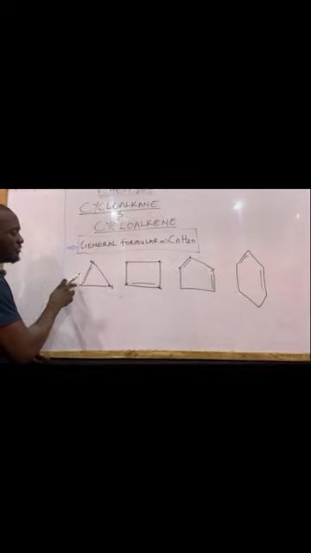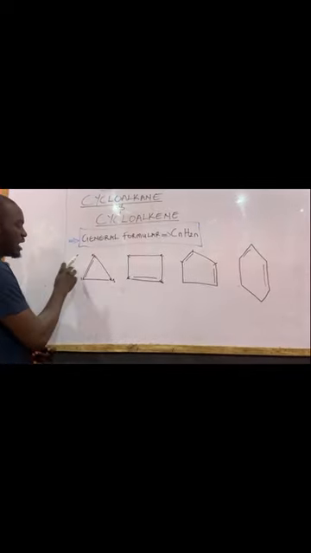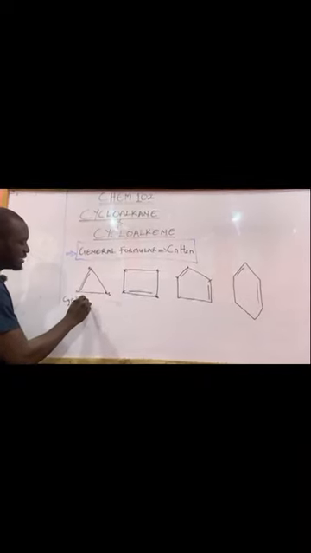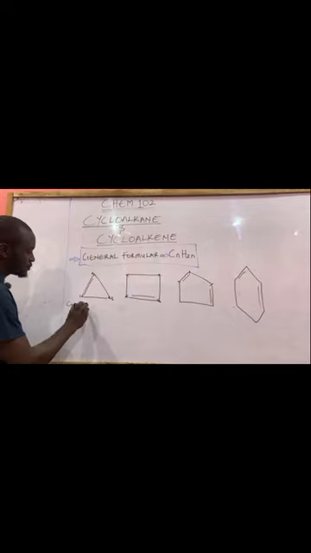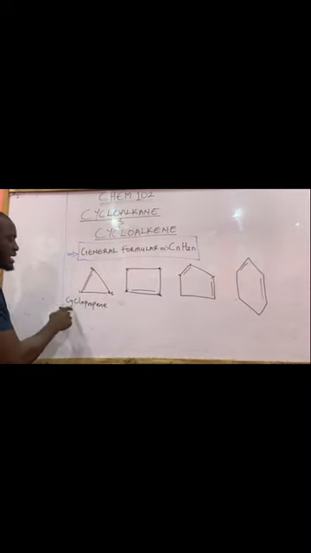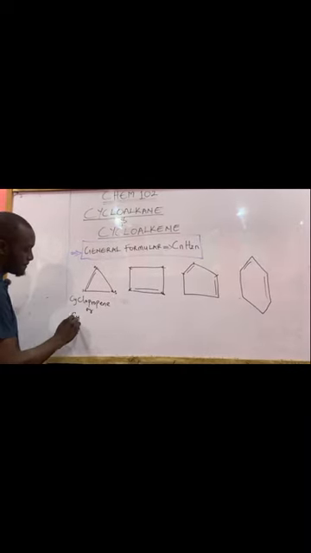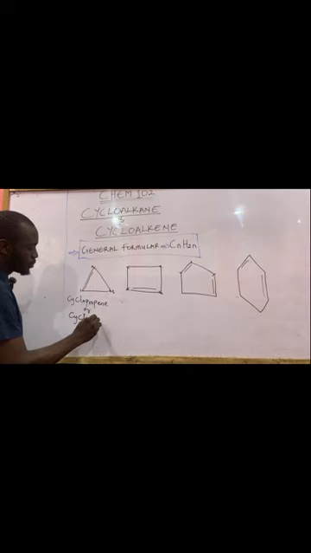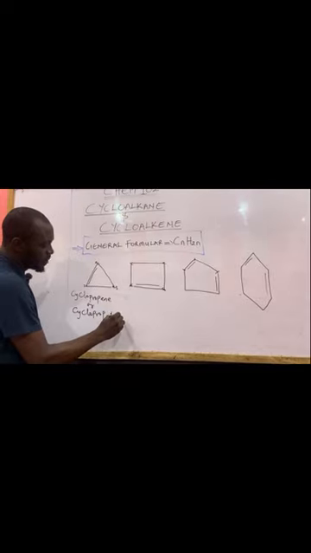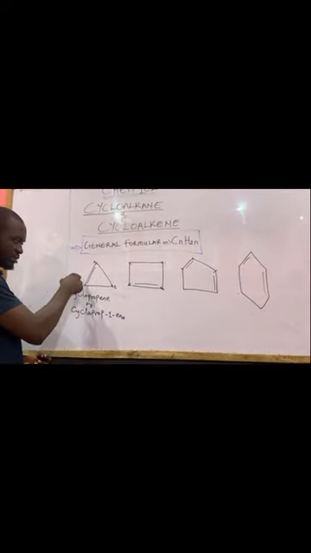But if we start from here, we have 1, 2, 3. So here we'll be having cyclopropene, or cycloprop-1-ene, because of the positioning, it's 1.